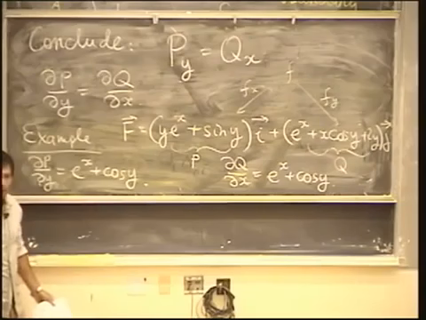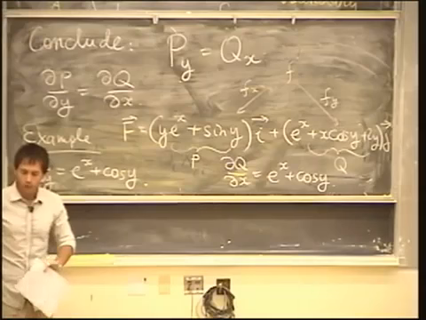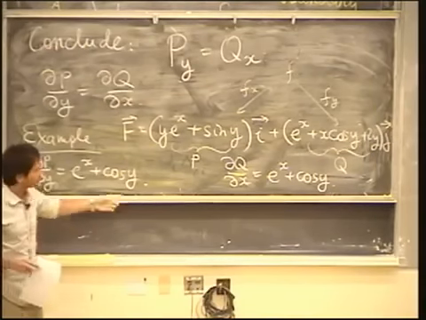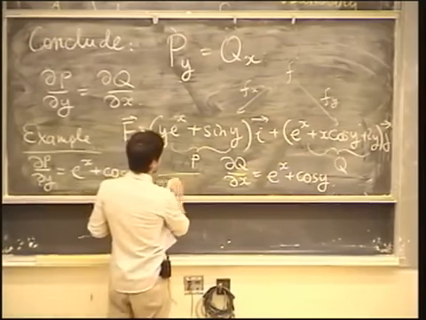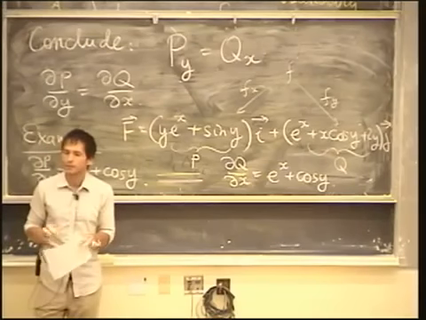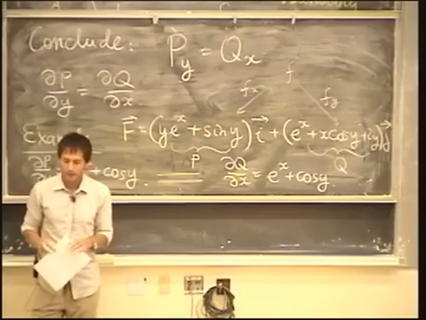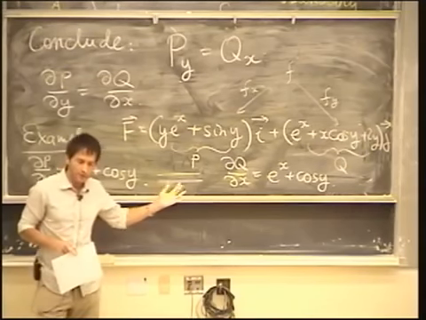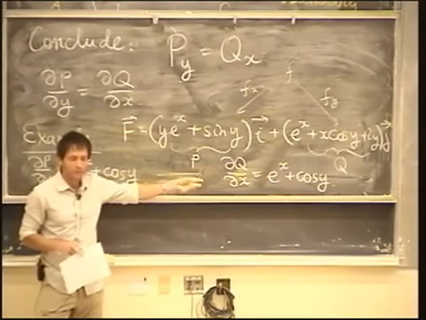So there is a chance that it is conservative. What I've said so far is that if the vector field is conservative, then this has to hold, and we see that they are equal. So there is a possibility that this vector field is in fact conservative. But it turns out that in this particular case, this is not only a necessary condition, but a sufficient condition. And this vector field is in fact conservative.